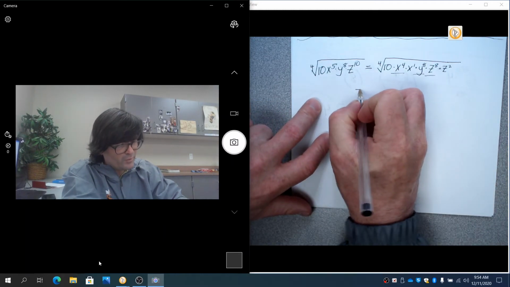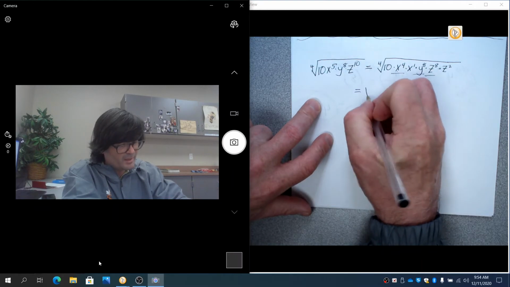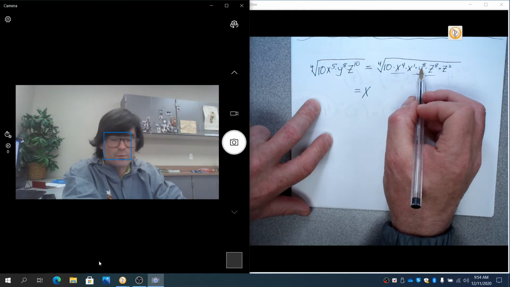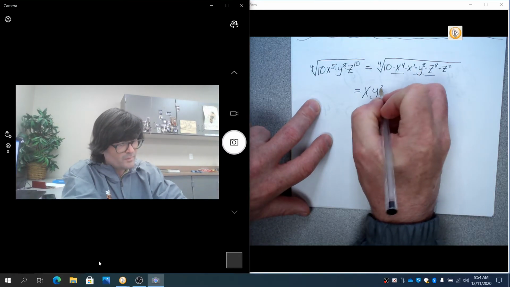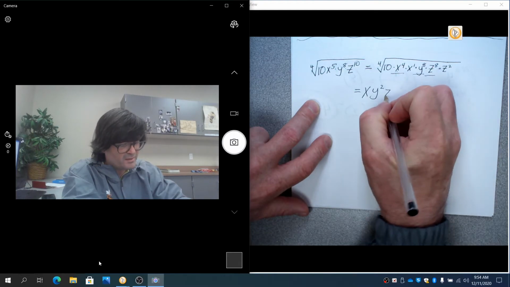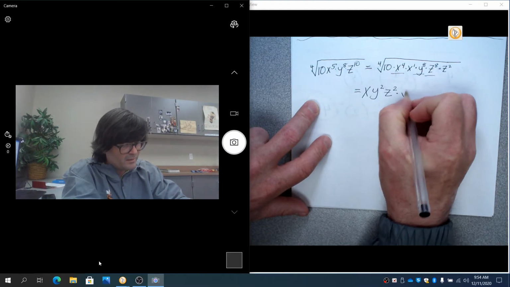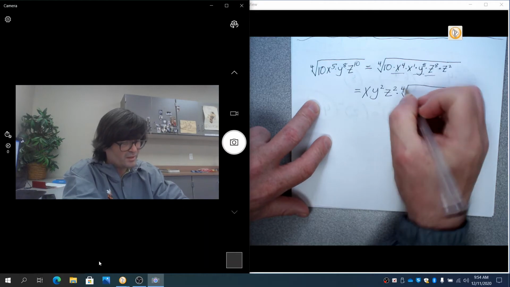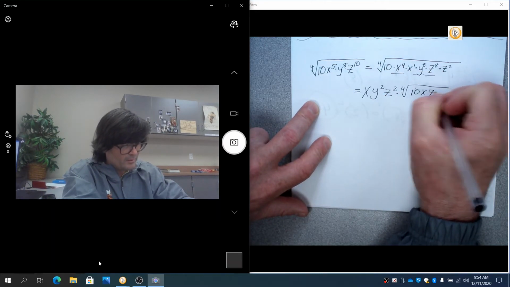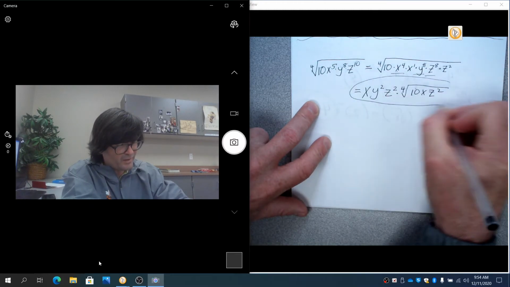If I take the fourth root of x to the 4, that's just going to be x to the 1. The fourth root of y to the 8th, 8 over 4 is y to the 2. For z to the 8th, 8 over 4 is 2, so that's z to the 2. And then remaining, I have all the leftover, the 10, the x, the z squared. So that is as simplified as I can make that.